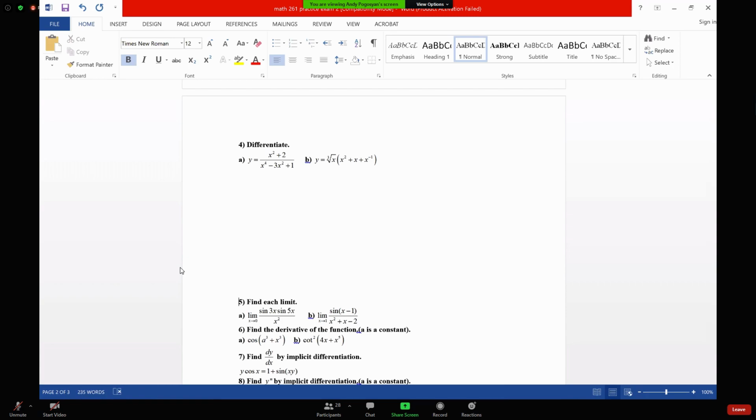So derivative, first one, y prime equals derivative of numerator 2x times denominator minus numerator times derivative of denominator, 4x cubed 6x, over denominator squared, equals, so distribute.